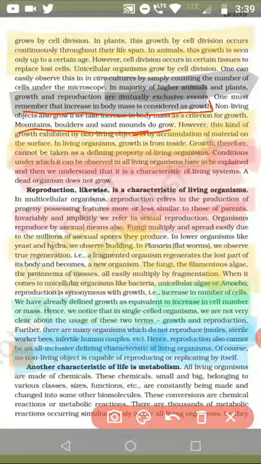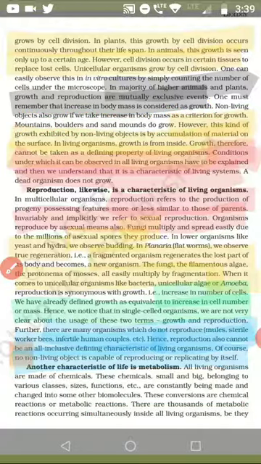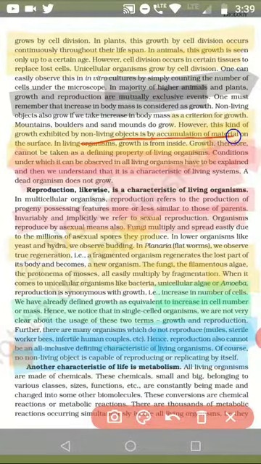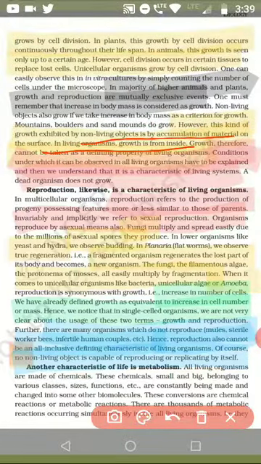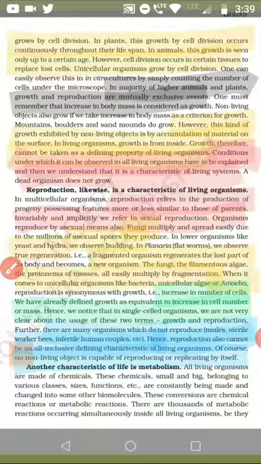However, this kind of growth is very minute, and this accumulation of mass on the non-living object does not come from inside, it is external growth. So living organisms exhibit internal growth. Internal growth means the cells from their body will grow and the organism will increase its height from inside. So this is the condition of growth.